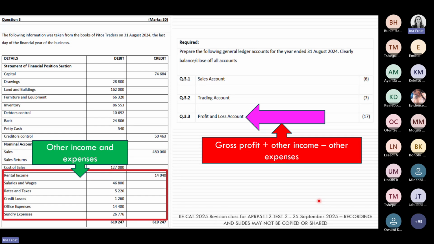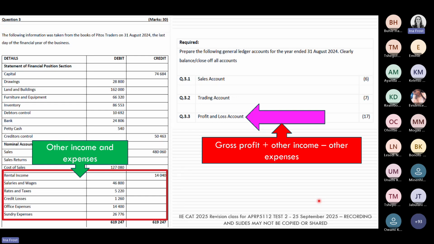Let's see, what do the rest of you say? What do I calculate when I say gross profit plus other income minus other expenses? What is the accounting term for that? Okay, I see.